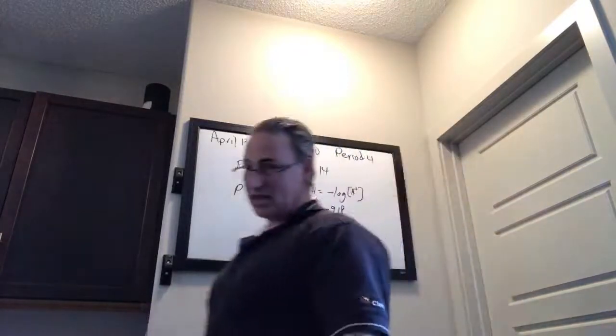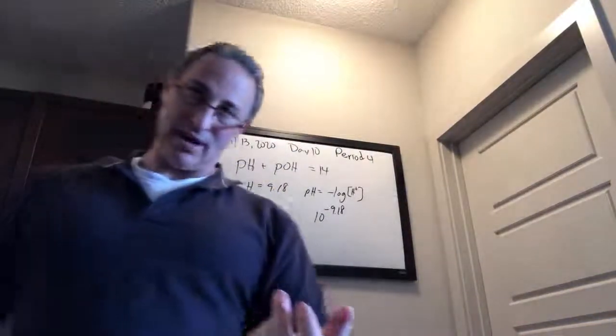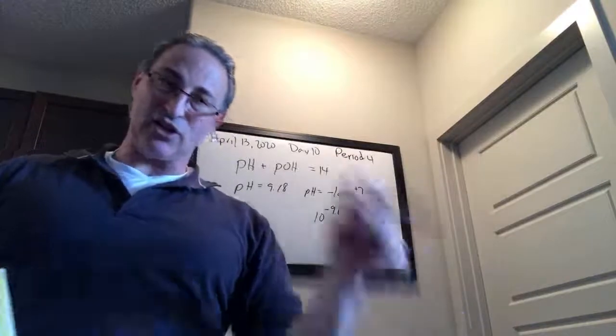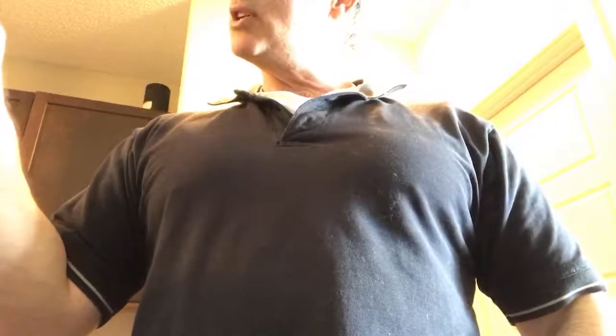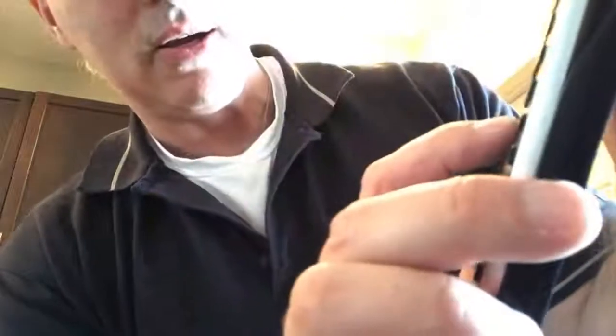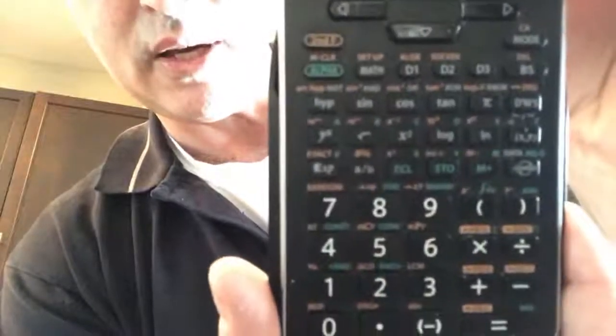So if they give you the pH and they ask you to find the H plus concentration, you've got to use the log button backwards. If they give you the H plus concentration and they want to find the pH, you say log. You'll see it on your calculator. When you look at that button closely, you'll see that as the second function of the log button, it says 10 to the power of X. Take my word for it.